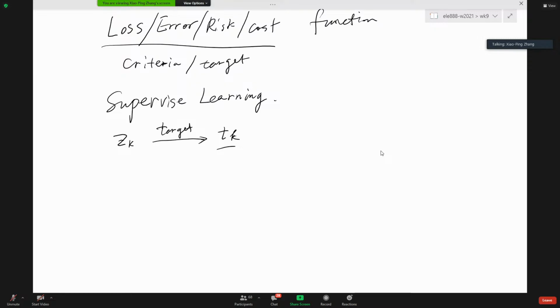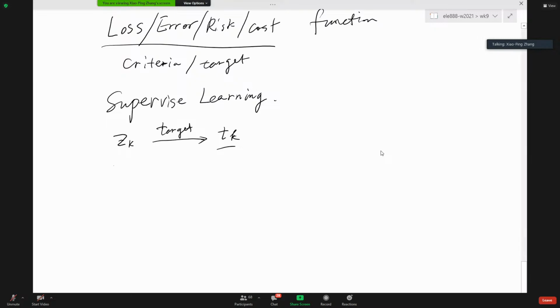So now we need to define the loss function. The loss function can be different things.